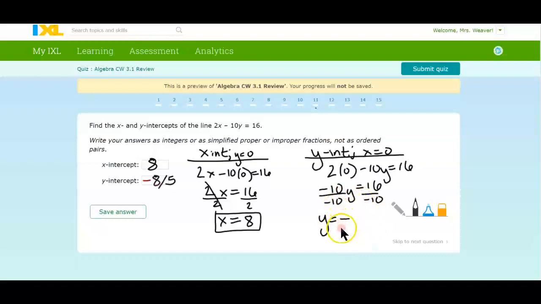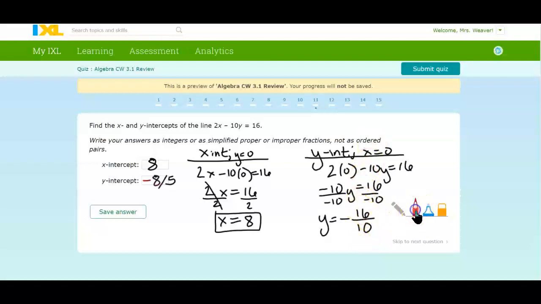I start with that. Then I have 16 divided by 10, which is 16 tenths. Okay, so I have a negative in front of my fraction. But then this fraction needs to be reduced. I need to cancel out any common factors. And what is the largest number that I can divide both of these by?